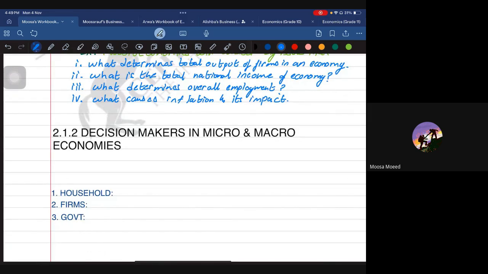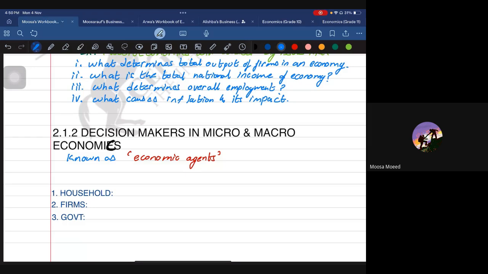Decision makers in micro and macroeconomics.